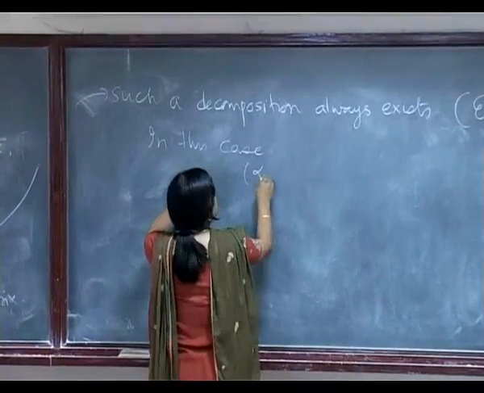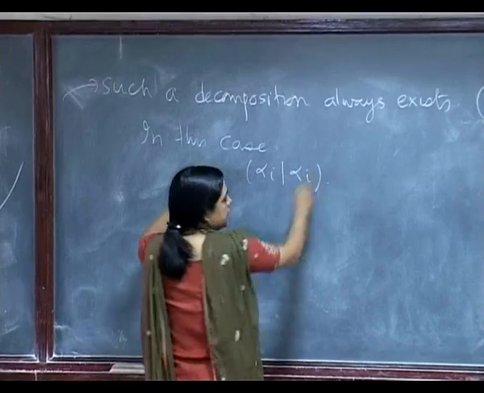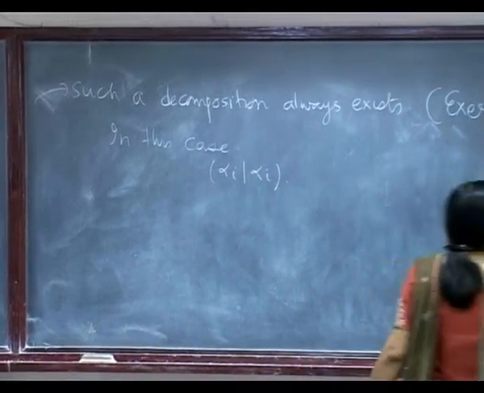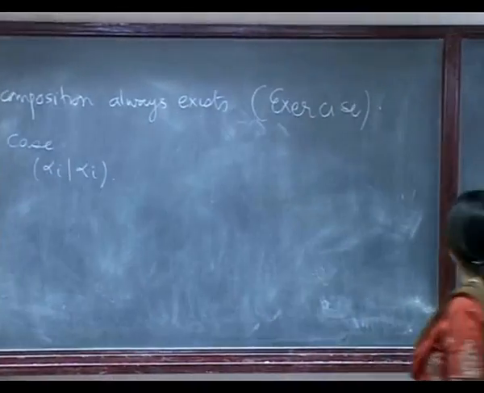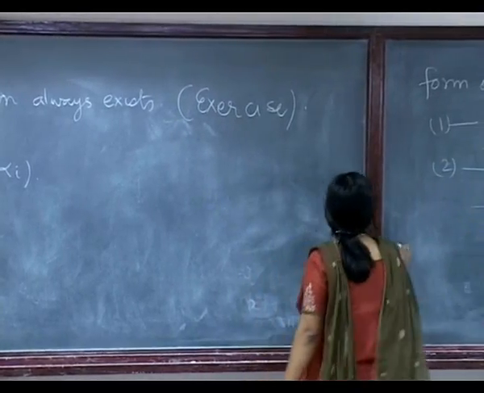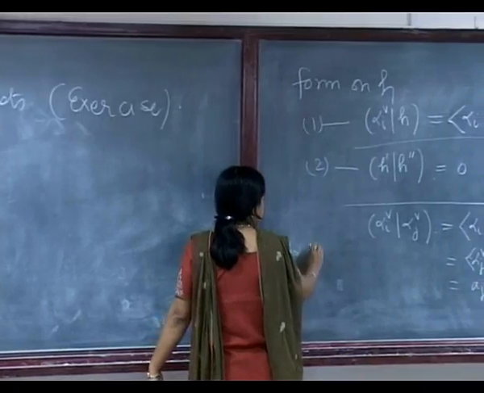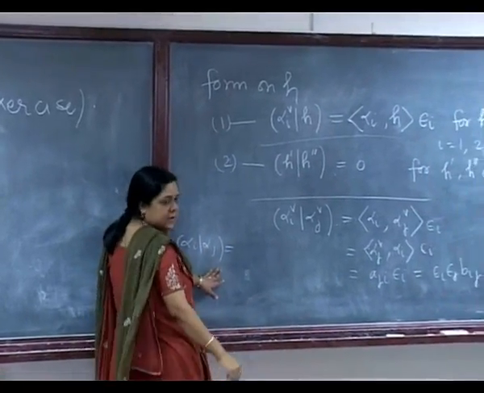So alpha I with alpha I, what is that? Do you remember, alpha I, alpha j is Bij.